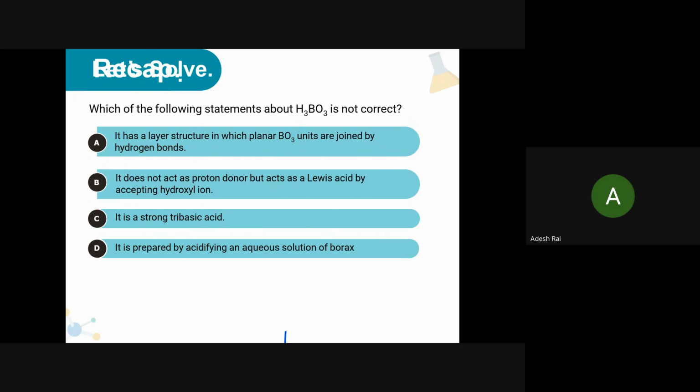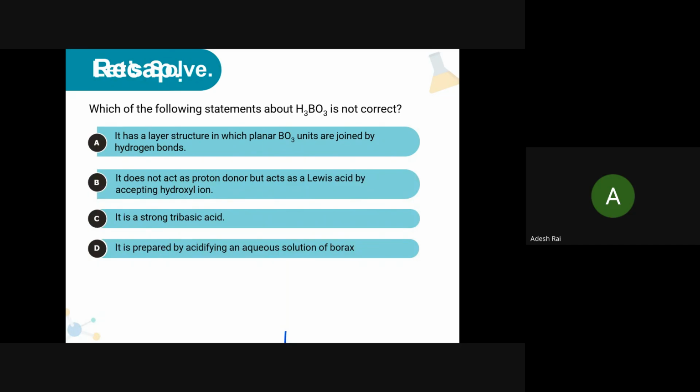Can H3BO3 be prepared by this method? The answer is yes. We have studied two more methods. One was colemanite ore. When colemanite ore was treated with what? Tell me, to prepare H3BO3. SO2 and H2O. Very good. And what was the third?